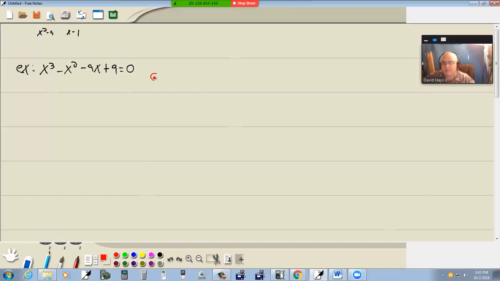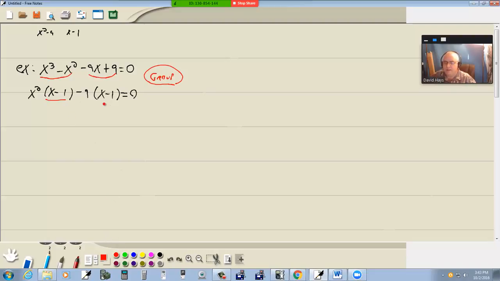Now this begins by using grouping. I group the first two terms together, last two terms together. The first two terms have an x squared, so I factor that out, and that gives me x minus 1. The last group has a negative 9, because remember, if your first term is negative, you always factor out a negative. And that gives me x minus 1.